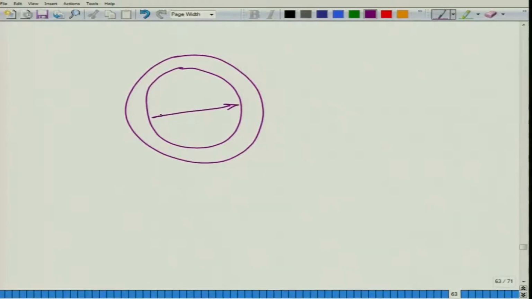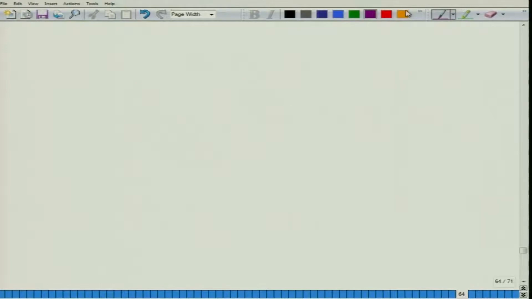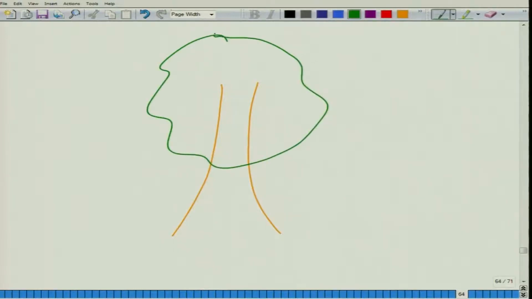So, if this is your DUB and this is your DOB and this is your bark thickness T, then the relationship is DOB is equal to DUB plus twice the thickness, or the bark thickness is half of DOB minus DUB. So, now we can say that for any tree we are going to measure its diameter at the breast height.